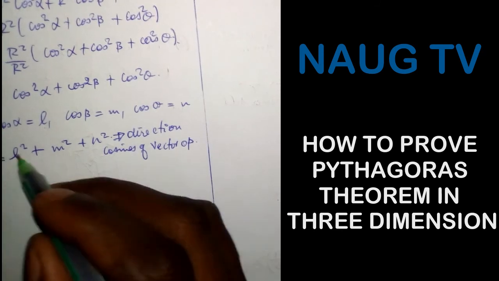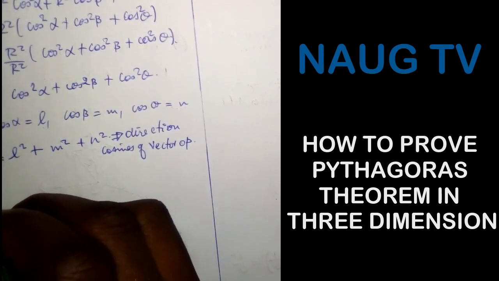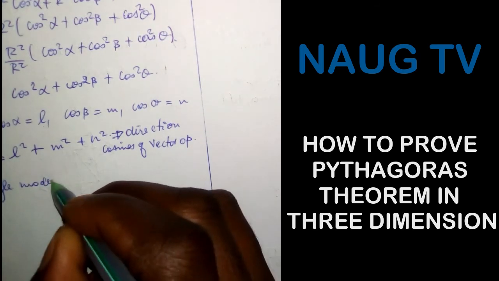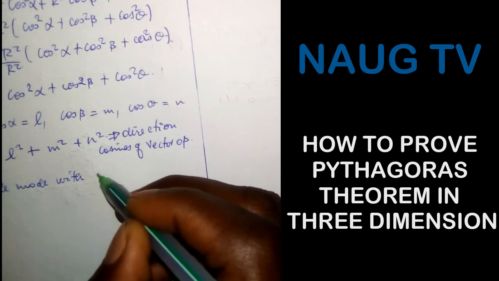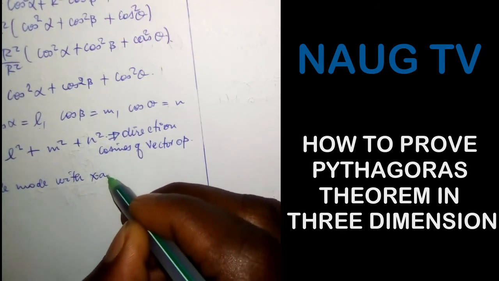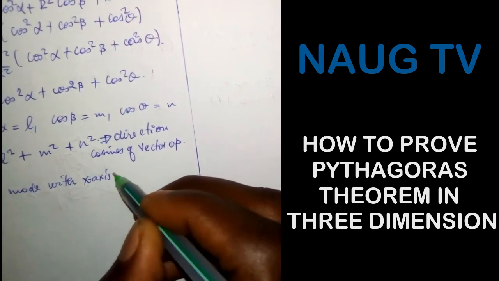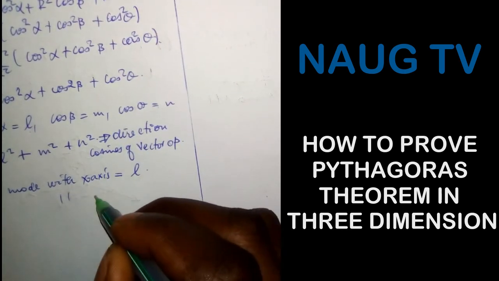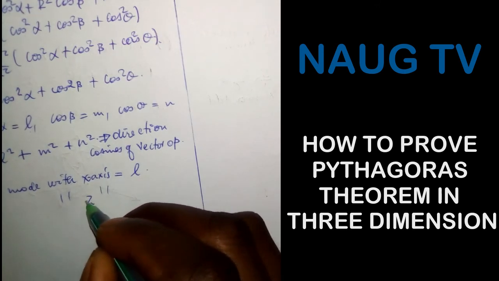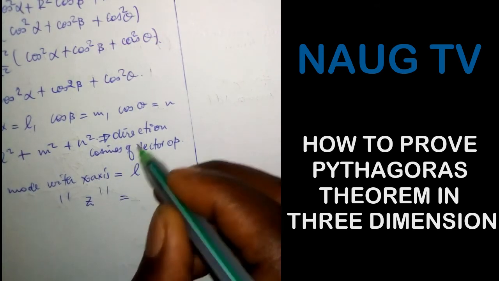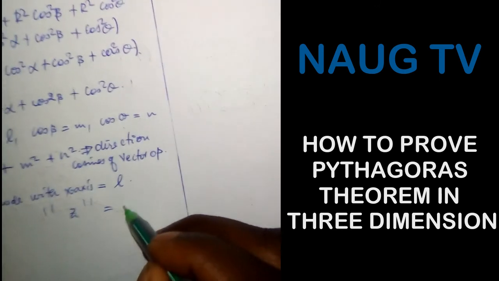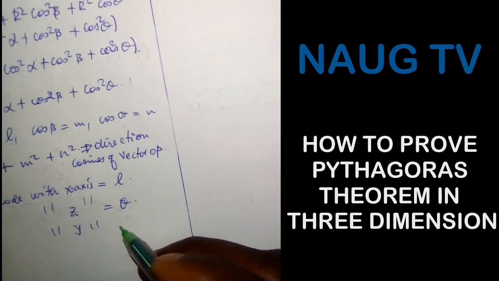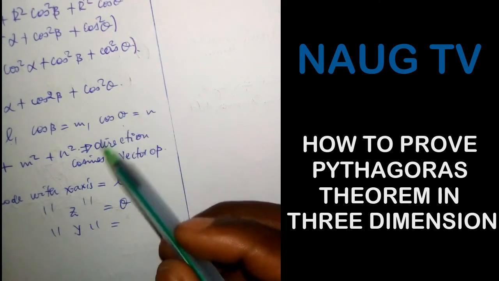So the angle made with the x-axis is alpha, and that of the z-axis is theta here, and that with the y-axis is beta.